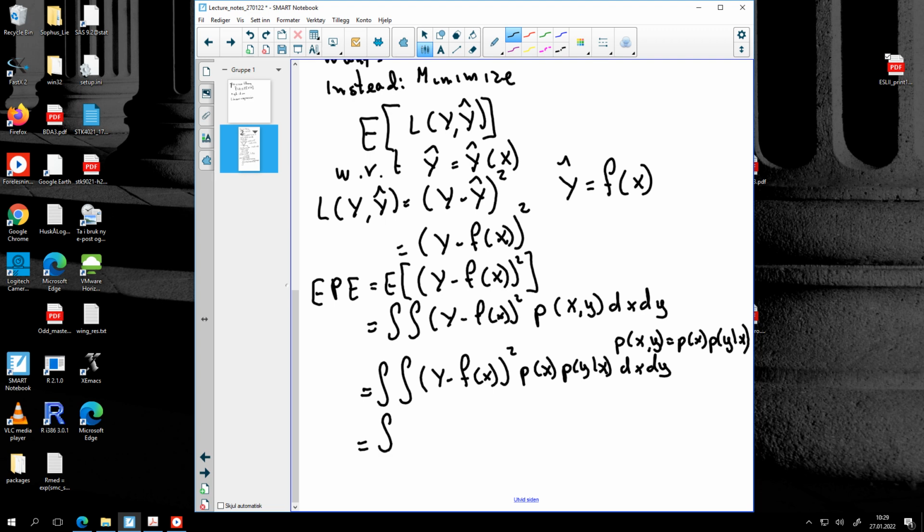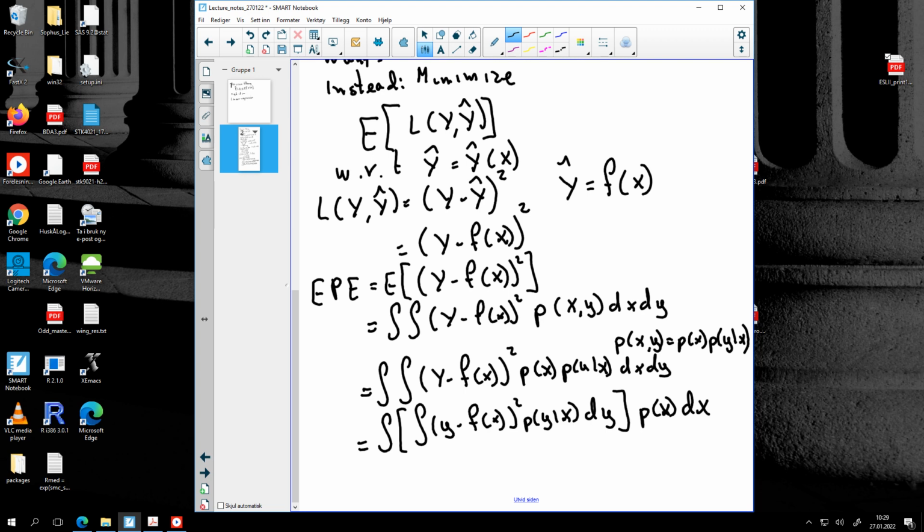So we can write this now as an integral over dx, and then we have the integral of y minus f of x squared p of y given x dy, and then we have p of x dx.